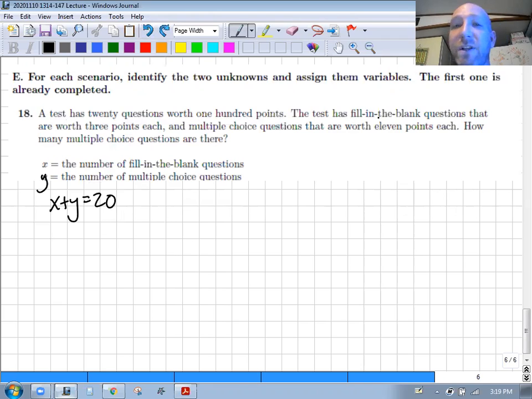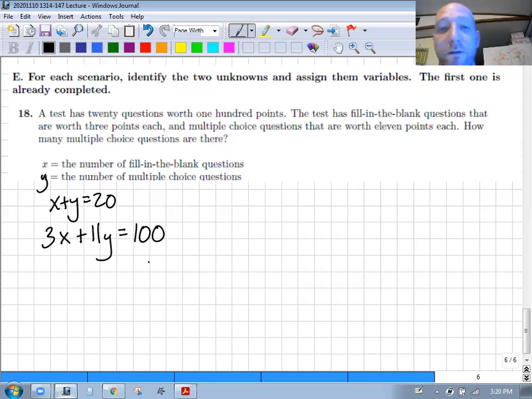The fill-in-the-blank questions are worth 3 points each, so we take 3 times the number of fill-in-the-blank questions, and the multiple choice are worth 11 points each, so we take 11 times the number of multiple choice questions. This is the total number of points, and it should add up to be 100.